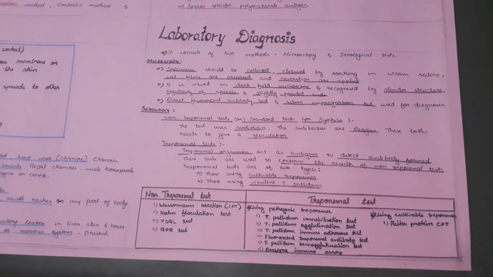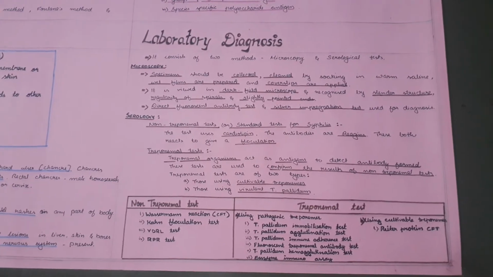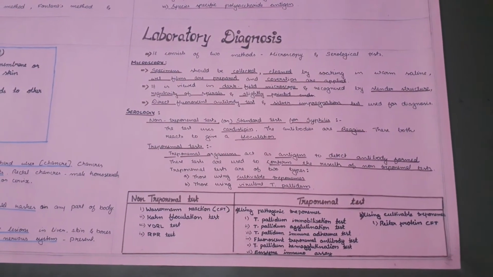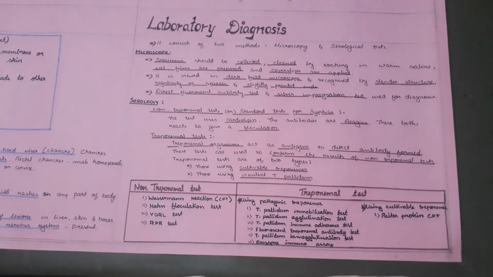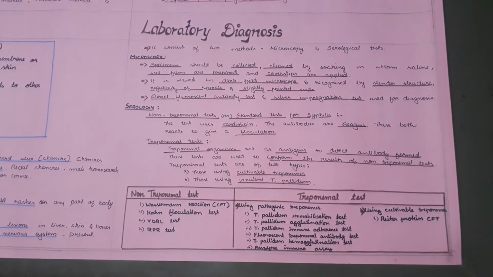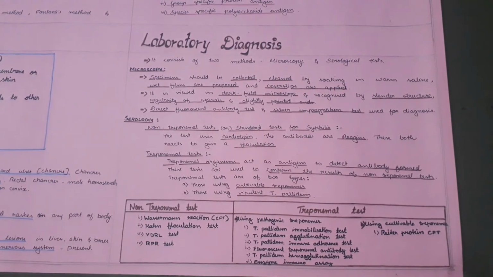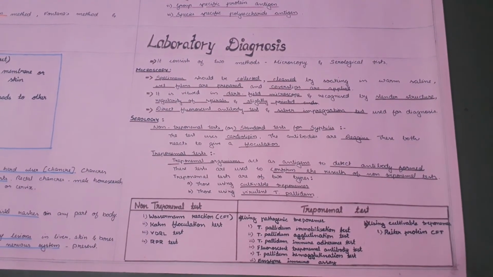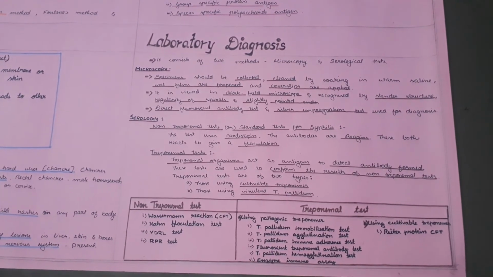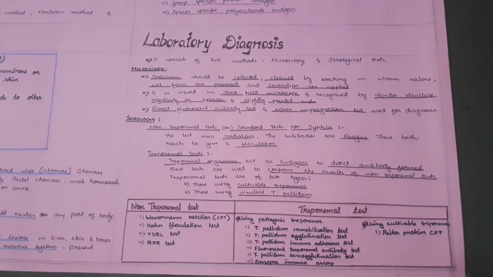Coming to the treponemal tests, treponemal organisms act as antigen to detect antibody formed. These tests are mainly used to confirm the results obtained from non-treponemal tests. Treponemal tests are of two types, those using cultivable treponemes and those using virulent Treponema pallidum.